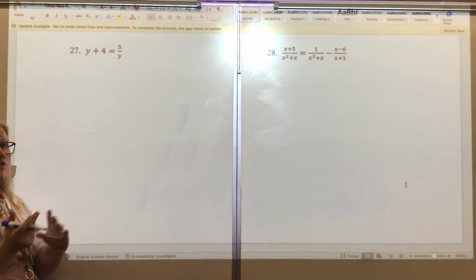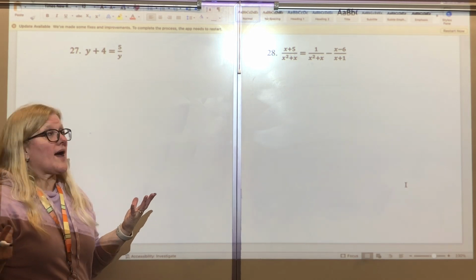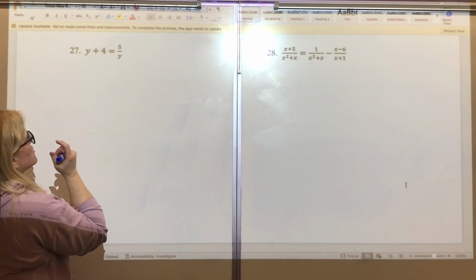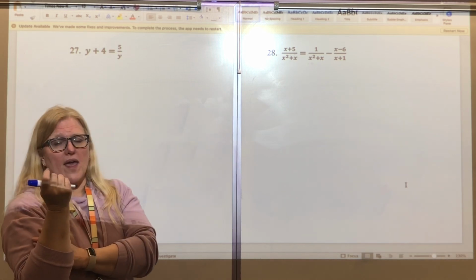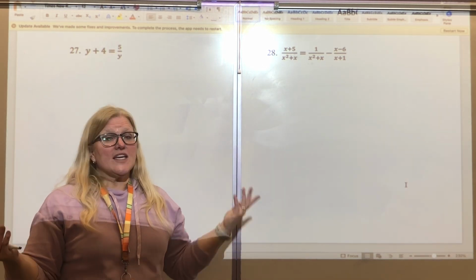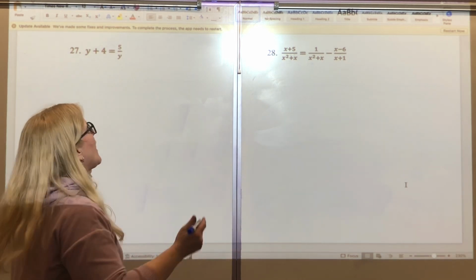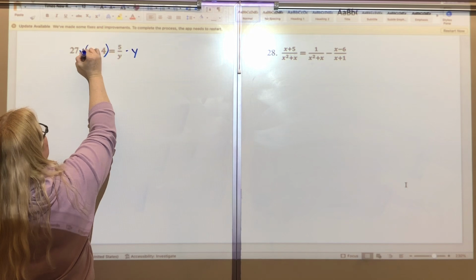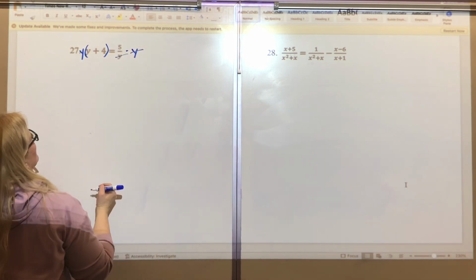Well, there's only one denominator here, it's y. So what do we do when we have a denominator like this? I can just multiply both sides by y. And that gets rid of the denominator.